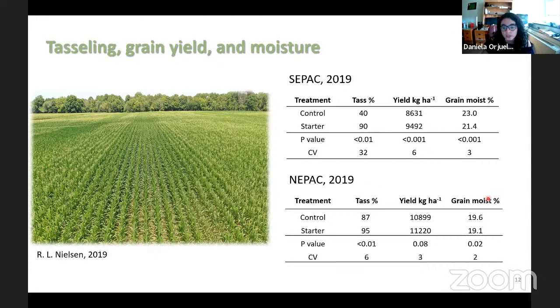Again, with the moisture, we saw differences, but they were smaller compared with CPAC. And in yield, only about 300 kilograms per hectare was the increase for the starter treatments versus the control plots. But for 2019, the data that we have, the two treatments did show an increase in yield, even though this is the inconsistent variable when we talk about an effect of starter fertilizer in corn.